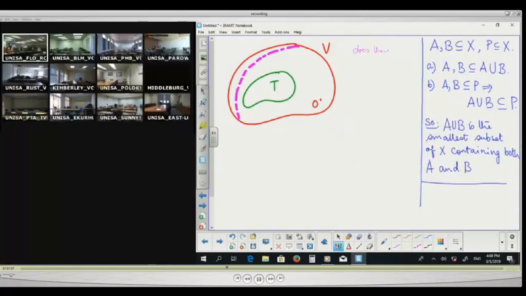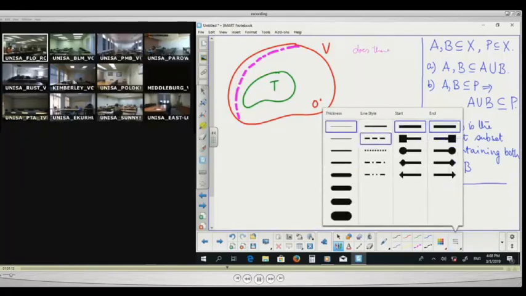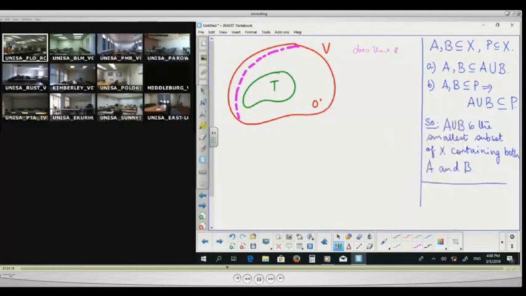Does there exist a subspace of V? So the first question is this. To speak about this, I need first the existence, right? I need to know that there exists one, and then I can only find the smallest one, right? So does there exist a subspace of V which contains T?